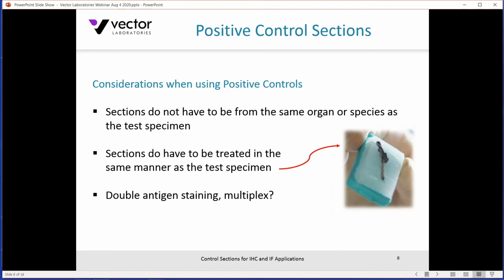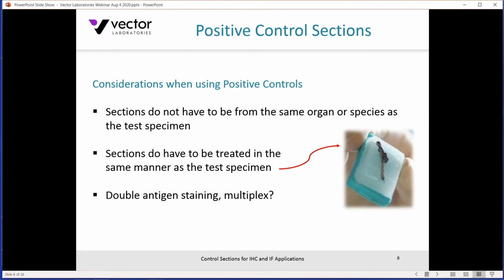Okay, some considerations when using a positive control. Sections do not have to be from the same organ or tissue type, or indeed the same species as the test specimen. I did give the example earlier of the Ki67 in tonsil. That mitotic marker is certainly expressed in a wide variety of tissues, in skin, in gut, in a lot of tissues.